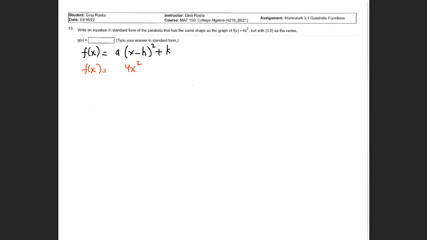This means the vertex for f of x is 0, 0, because there is no h and no k. So now we have to find g of x, with vertex 3, 8.